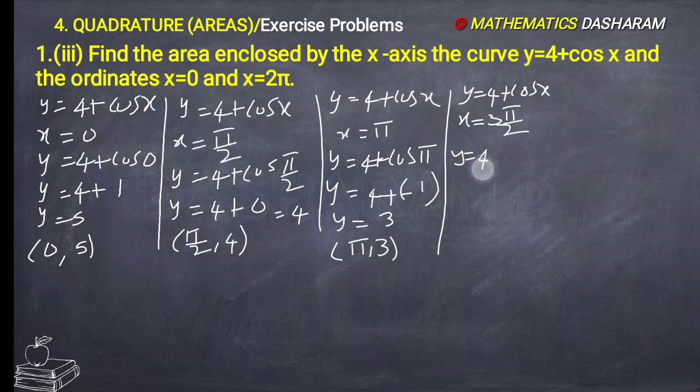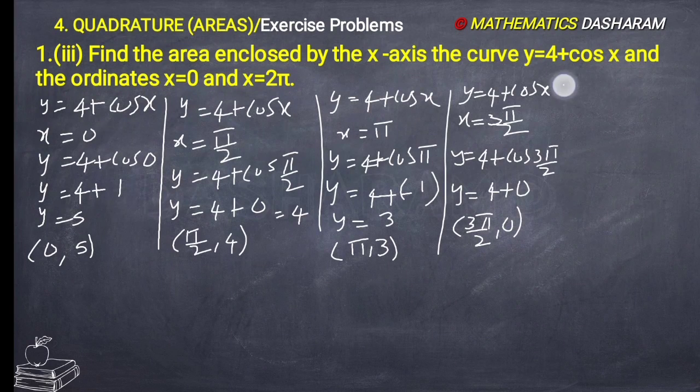So y equals 4 plus cos 3 pi by 2. Cos 3 pi by 2 value is 0, then y value is 4. So the next point is 3 pi by 2 comma 4. Next, substitute x equals 2 pi.